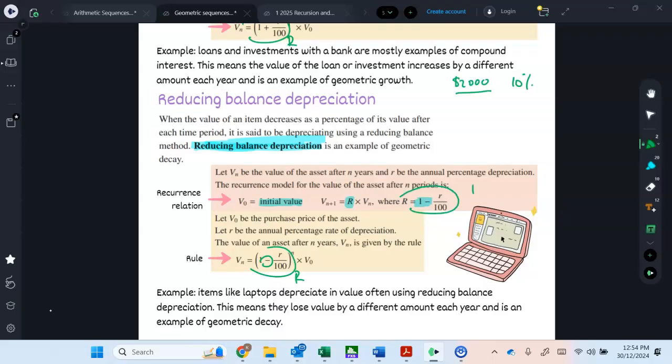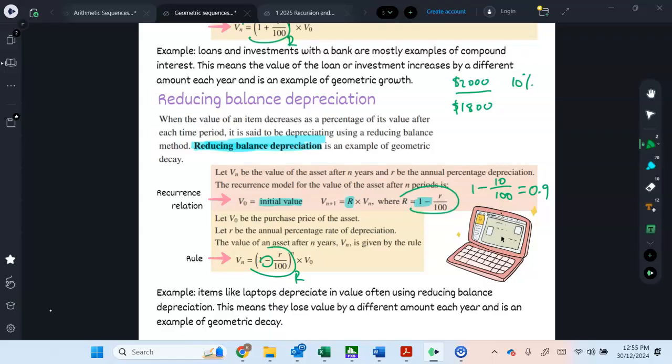So 1 minus 10 over 100 is 0.9. So as a decimal, it's 0.9 or 90%. So on the calculator, we're going to do 90% of 2,000. I don't have the calculator here to quickly do that, but I can do it. It's going to be 1,800.